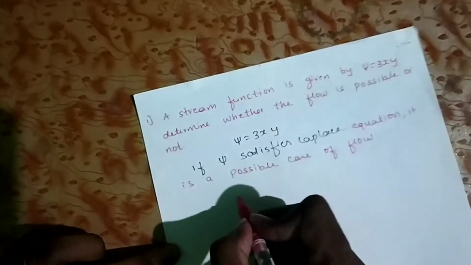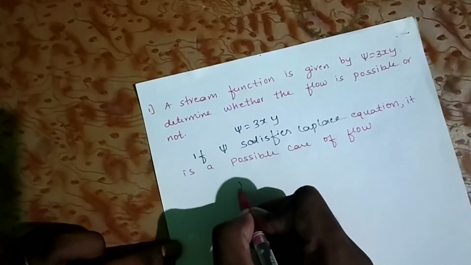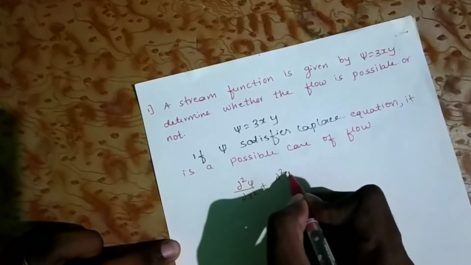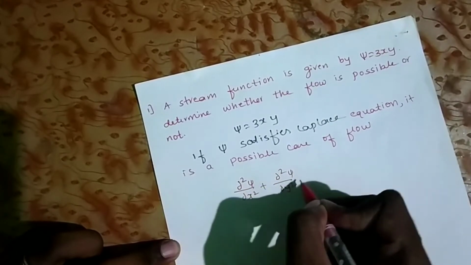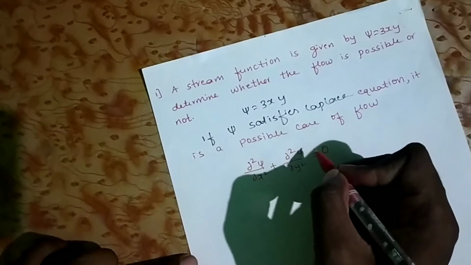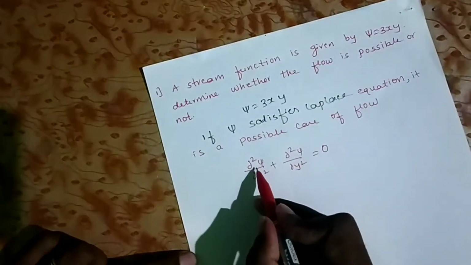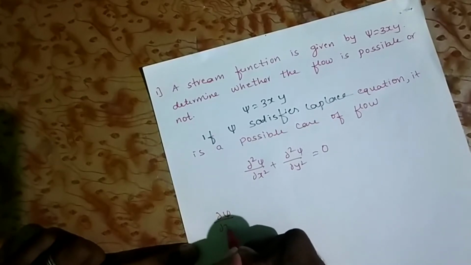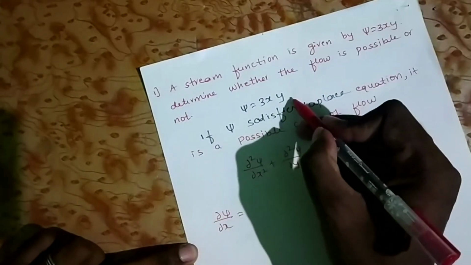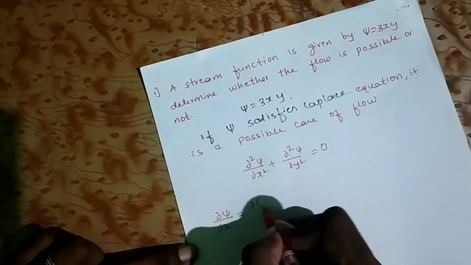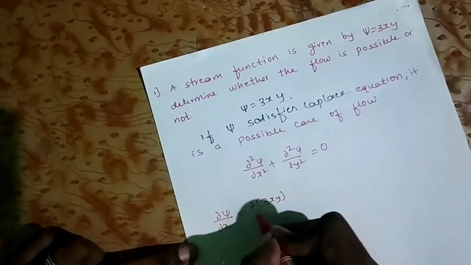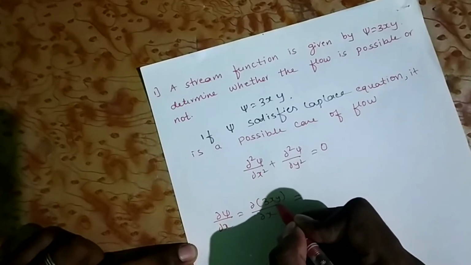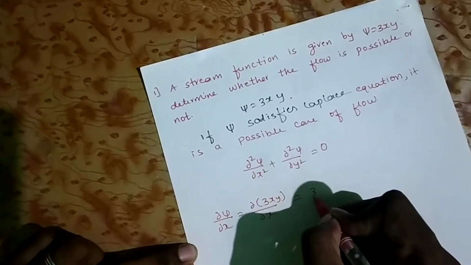Now consider the Laplace equation, which is given by ∂²psi/∂x² + ∂²psi/∂y² = 0. First let's calculate ∂²psi/∂x². First, ∂psi/∂x. Differentiate the psi equation with respect to x, that is ∂(3xy)/∂x, which is equal to 3y.